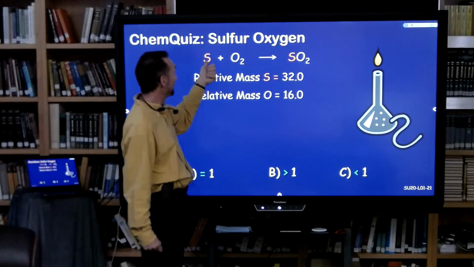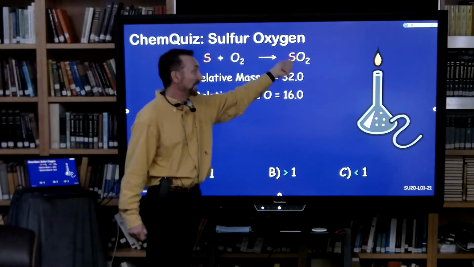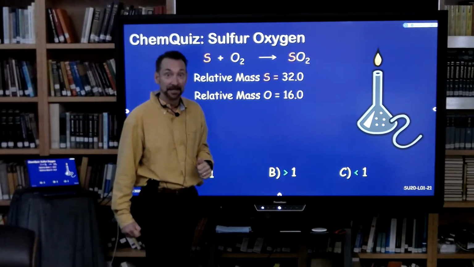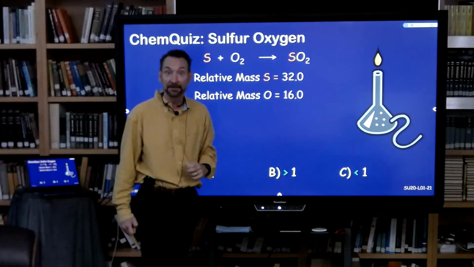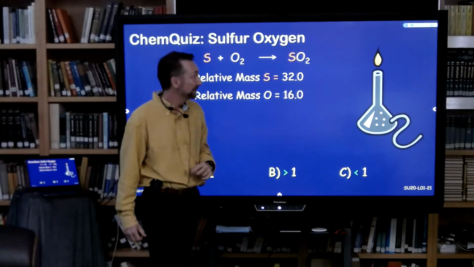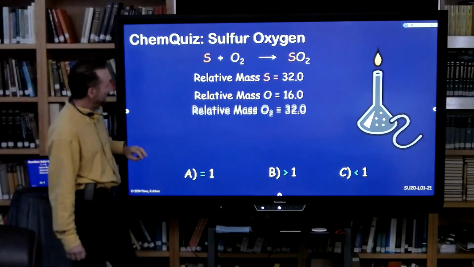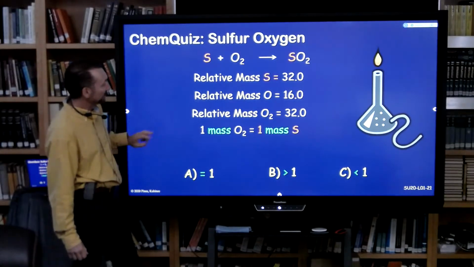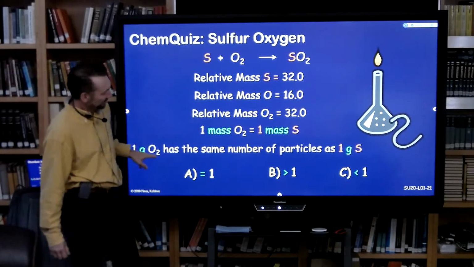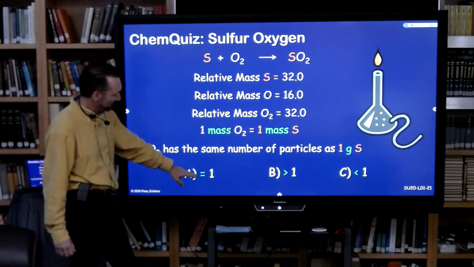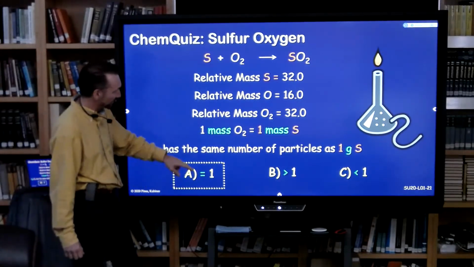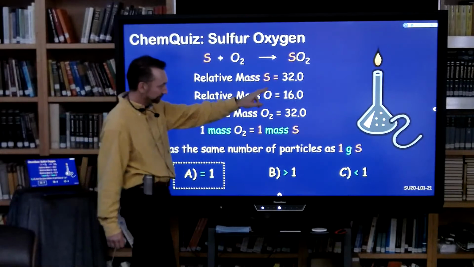So every gram of this and every gram of that react to form this, and you'd have 2 grams of sulfur dioxide at the end. So these relative masses are the same. So the answer here is 1. You all got that.